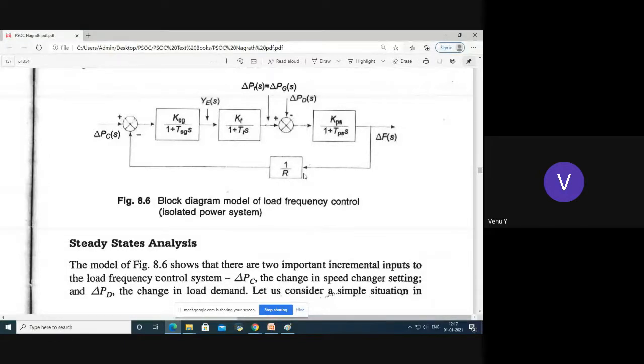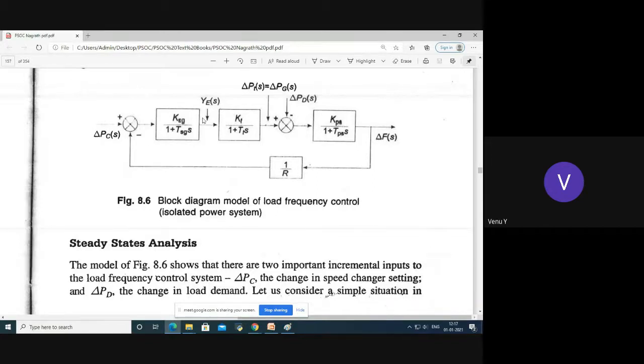I told you to derive the expression when delta PC, the reference power input change, is 0 for the constant frequency. So delta PC or delta P reference, set it to 0. Then it will become a simple feedback.